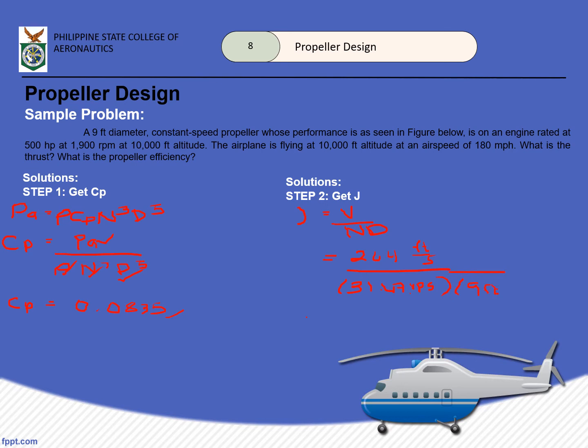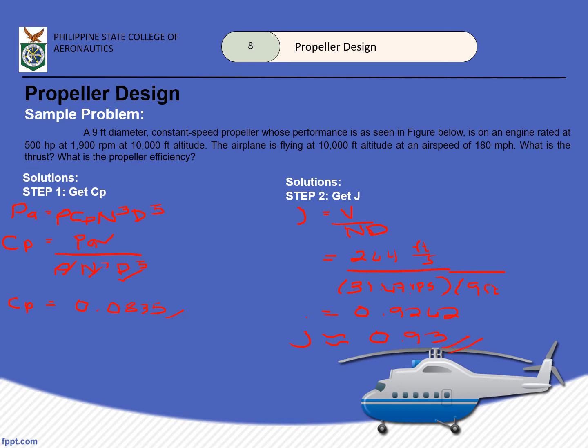So, our advance ratio is 0.9262. We can say that our advance ratio is about 0.93.